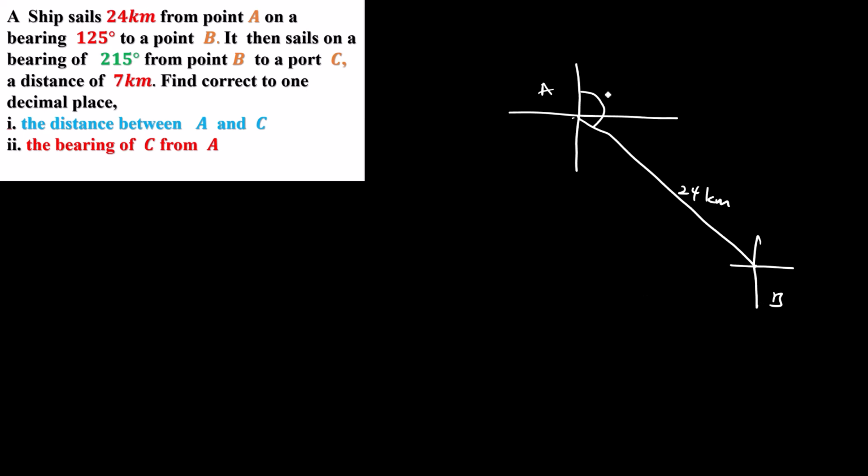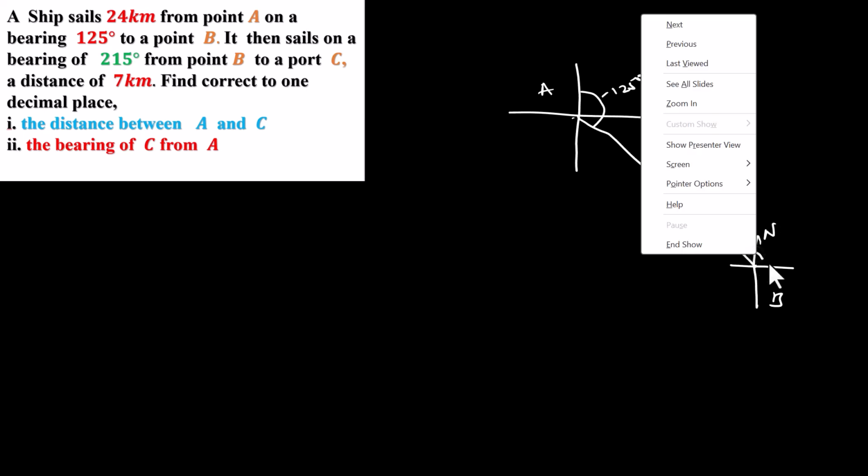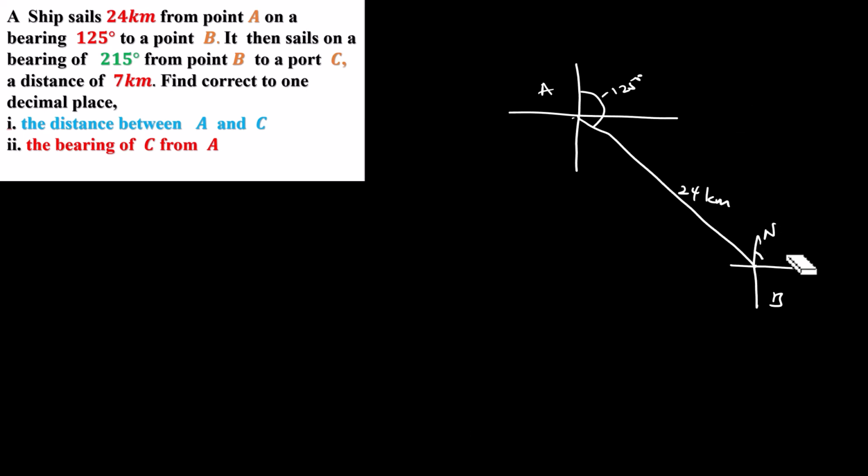So we have 125 degrees. It then sails on a bearing of 215 from point B to a port C. From point B, we measure 215 to meet C. So let's locate our north, then measure 215.